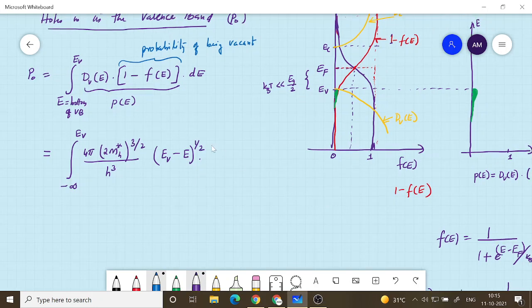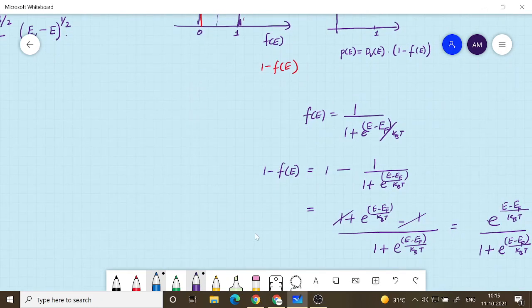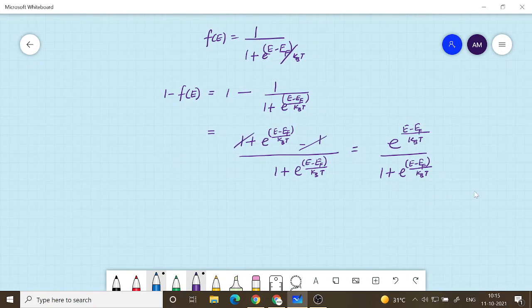Therefore in the region of our interest where E is much below EF, E minus EF is going to be of the order of minus EG by 2.